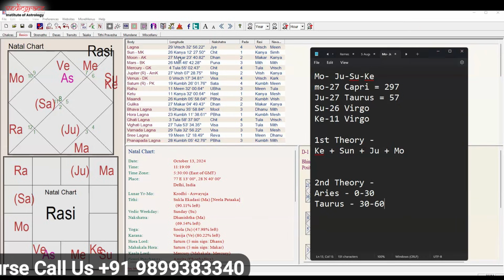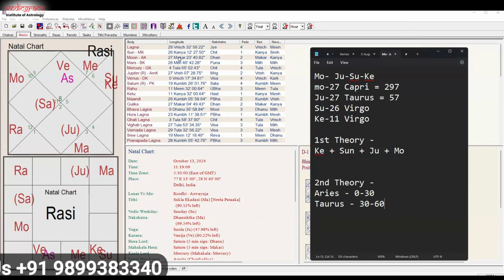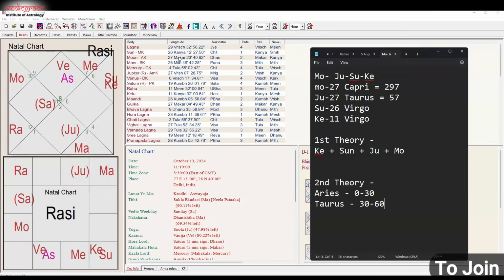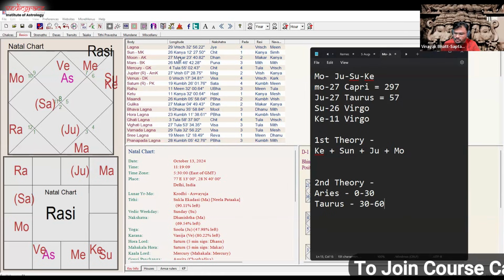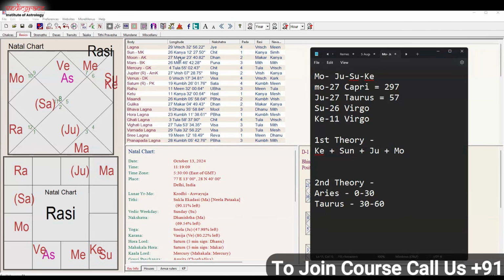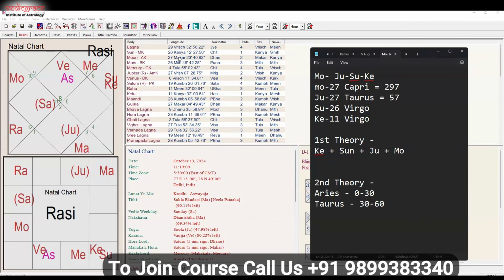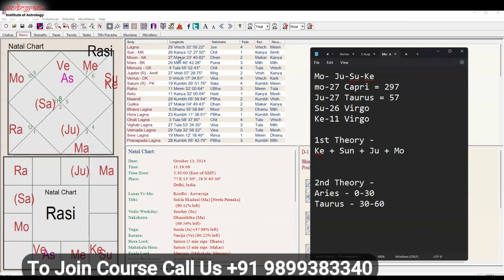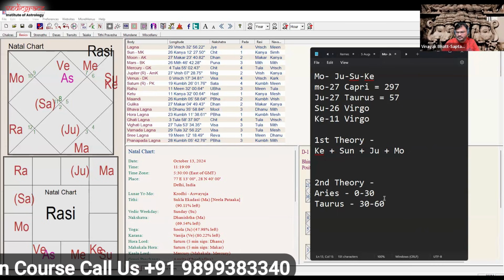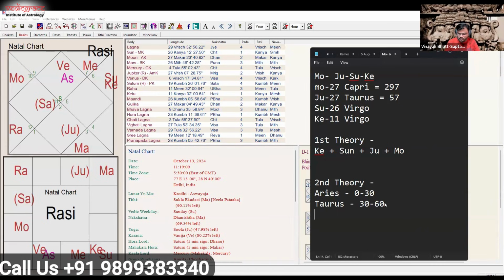Yeah, I agree that the 30-degree division makes sense for the Rashi. But for arranging the planets, I think considering the whole range is good enough. Yes. Okay, so once you understand this, now you can arrange degreeically again this combination.